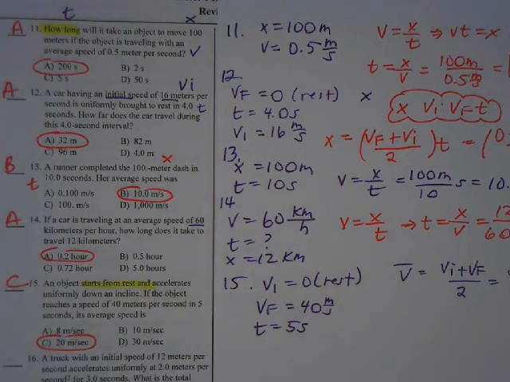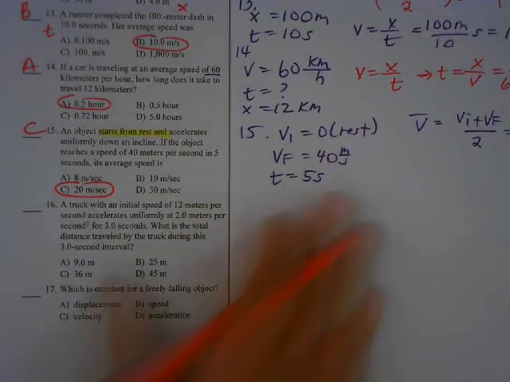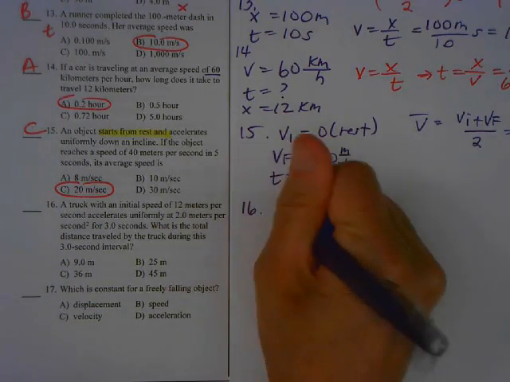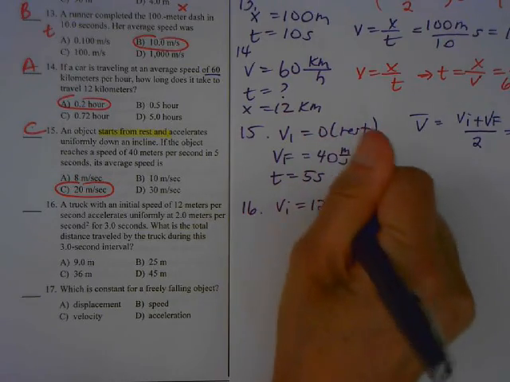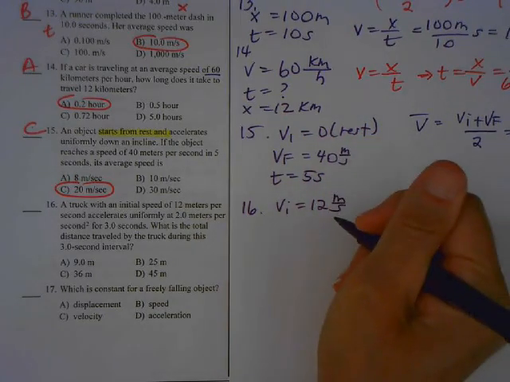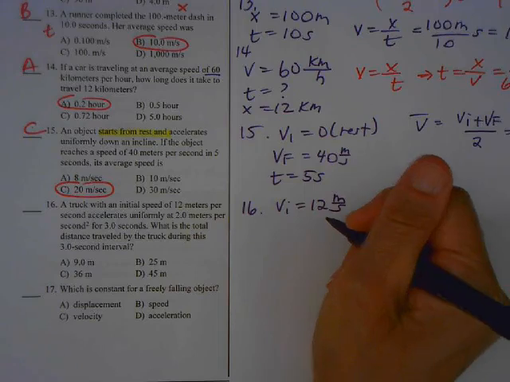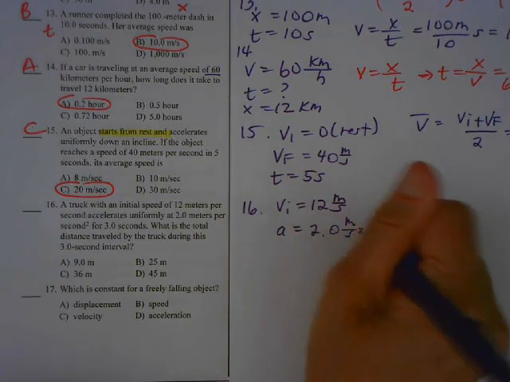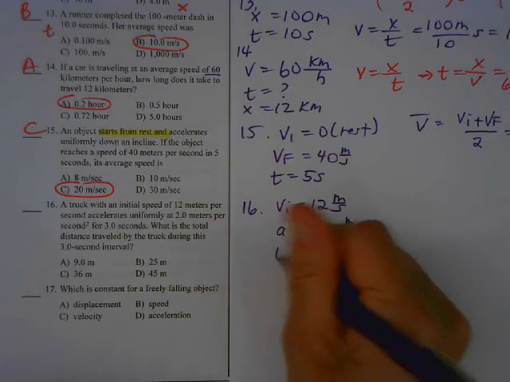All right, number 16. A truck with an initial velocity of 12, so vi, the initial velocity is 12, accelerates uniformly, so that's my acceleration, 2 meters per second squared for 3 seconds, and that's my time.